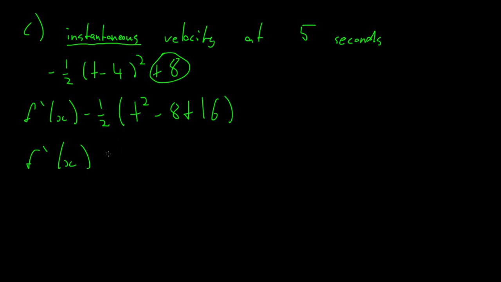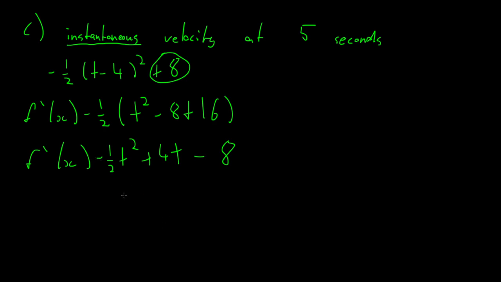So let's just expand this out and we'll get minus 1 on 2 t squared, and minus 1 on 2 times minus 8, that gives us plus 4t, and minus 1 on 2 times 16, it gives us... we've got a bit of a problem because this t looks exactly like a plus sign. So plus, wait no, it'll be minus 8. Sorry, my apologies. Minus 8.